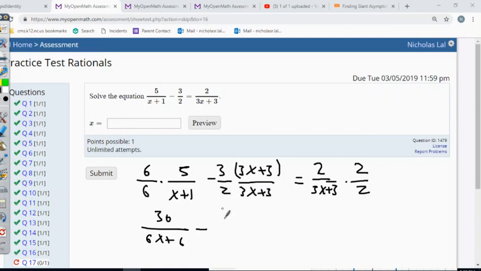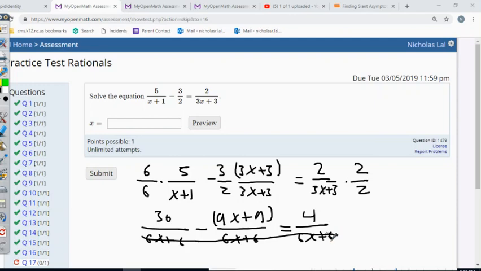So 30 minus 9x plus 9 over 6x plus 6 is equal to 2 times 2 is 4 over 6x plus 6. Now you have a common denominator, cancel it out. You have 30 minus 9x plus 9 is equal to 4.